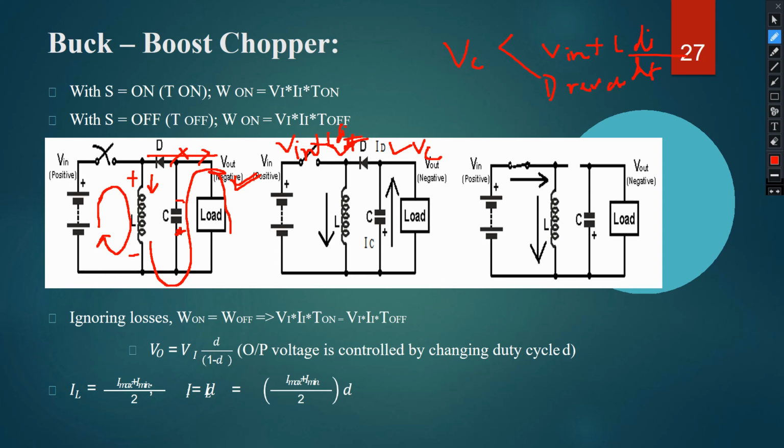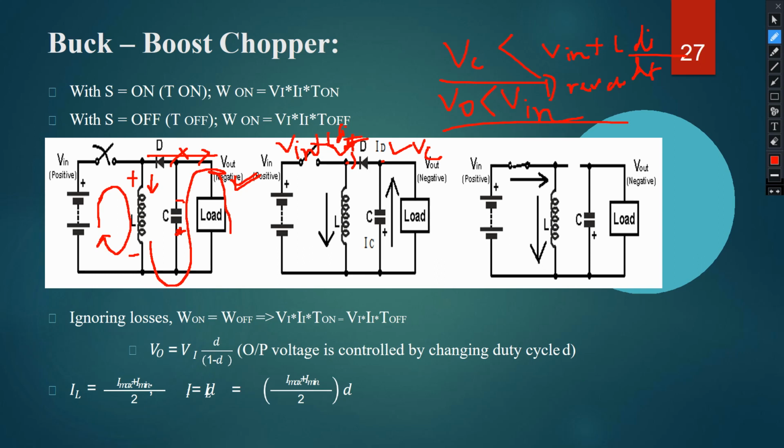Because this polarity is greater than this polarity, so it will be reverse biased. And what about the output voltage? The output voltage will be less than the input voltage. So this is a step down phenomenon.